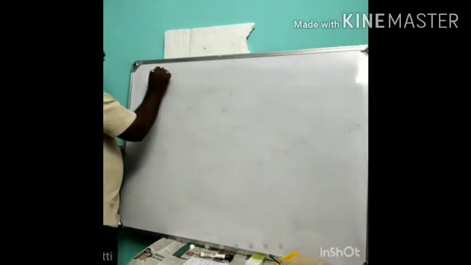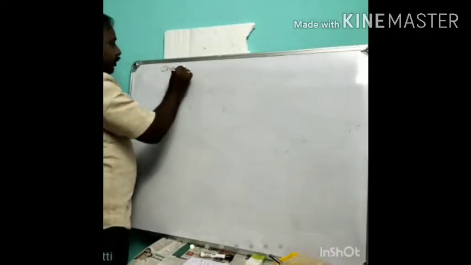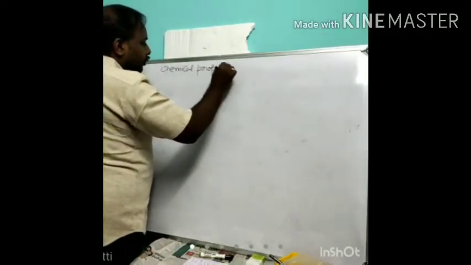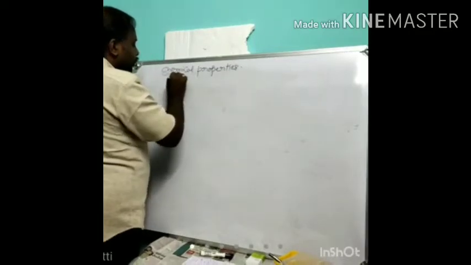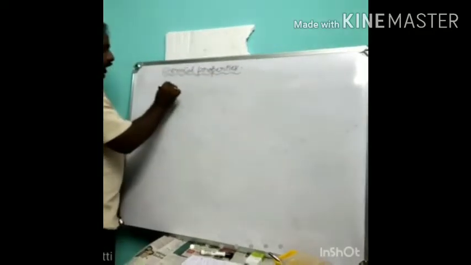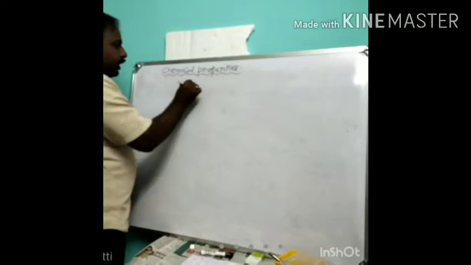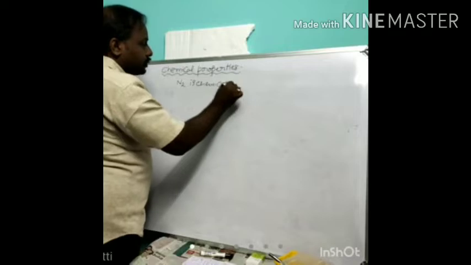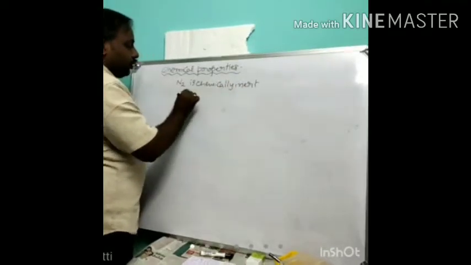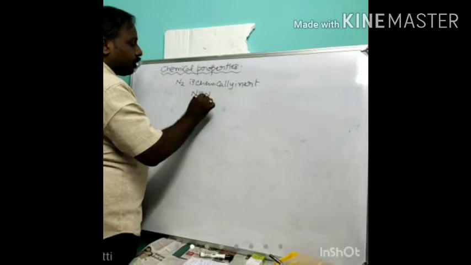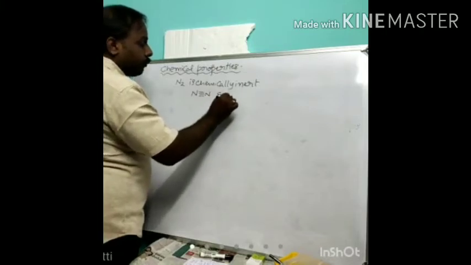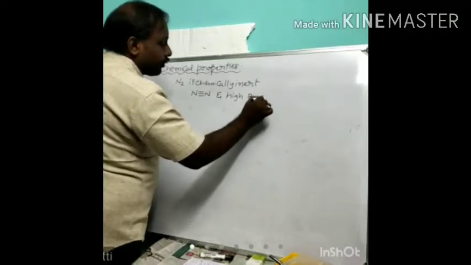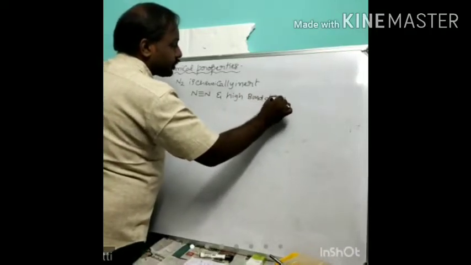Next, chemical properties. Generally, nitrogen is chemically inert due to the presence of a triple bond and high bond dissociation energy.